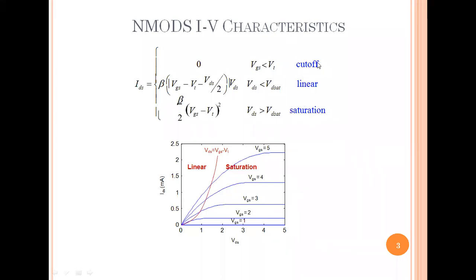Always we know that first we get the cutoff mode of the MOSFET when VGS is less than the threshold voltage. What is the threshold voltage? Can anyone define the threshold voltage?